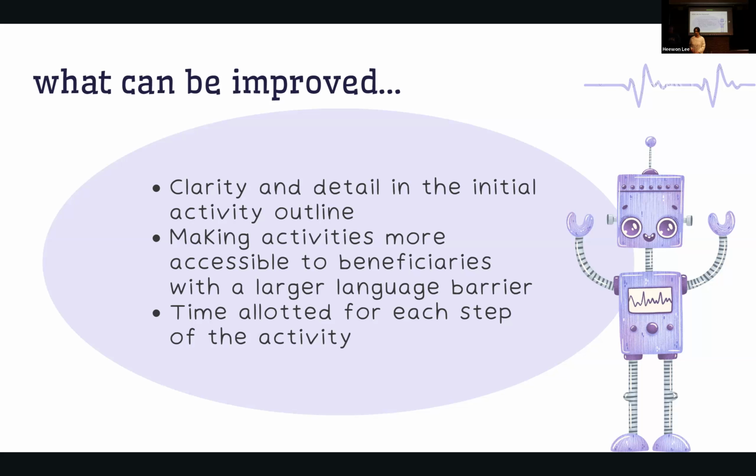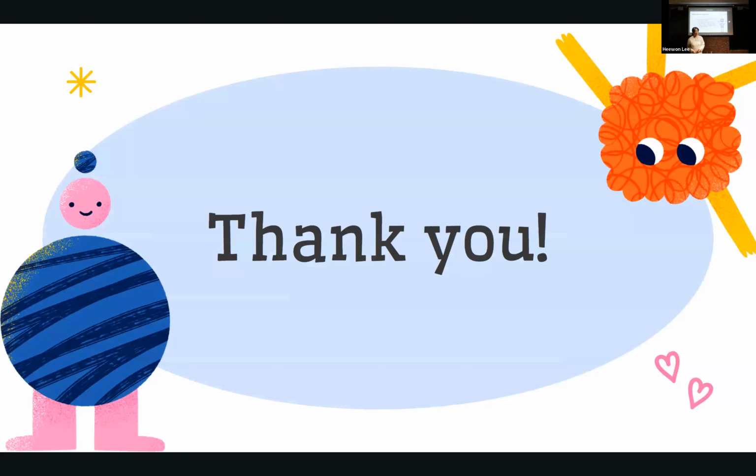That was something we had a little bit of difficulty addressing, making sure the language barrier wasn't playing too much of a part in the success of the activity. And also working out how much time we allowed for each step, because time management was a little bit of an issue, making sure everything got done in a timely manner. And that's it. Thank you.